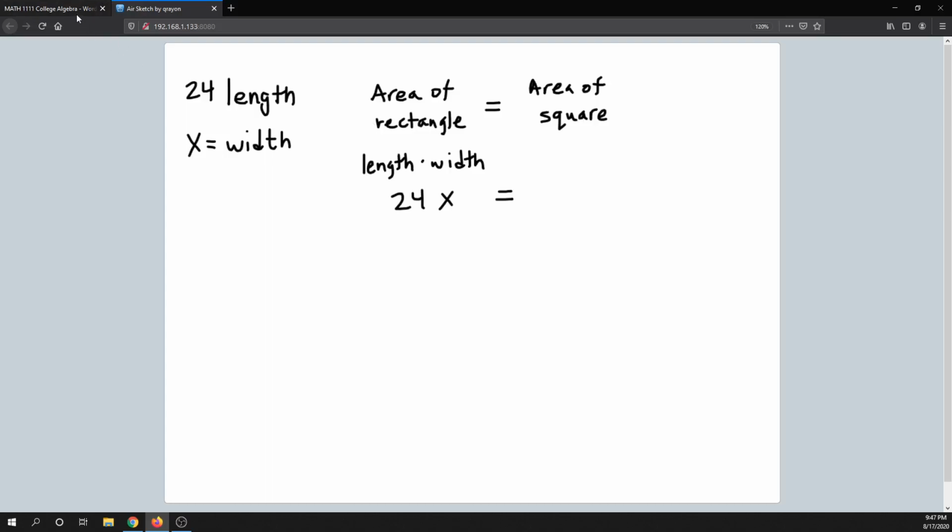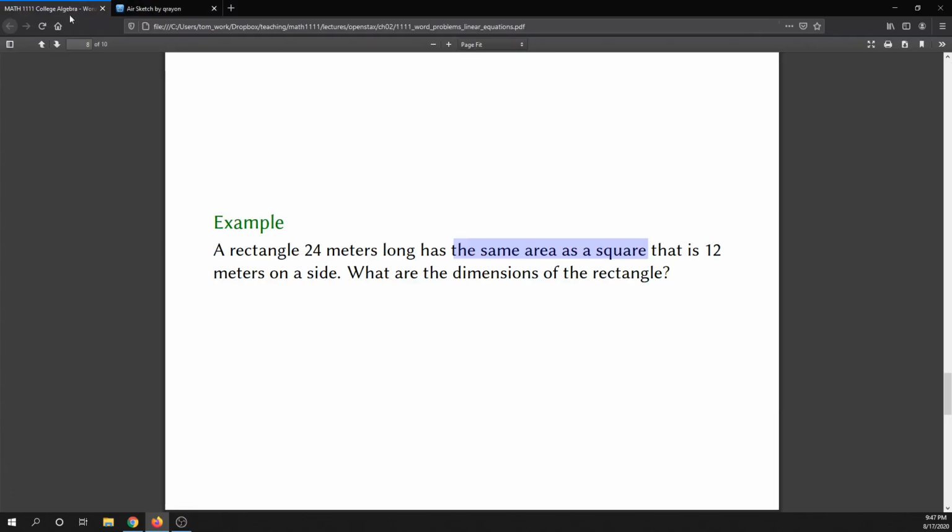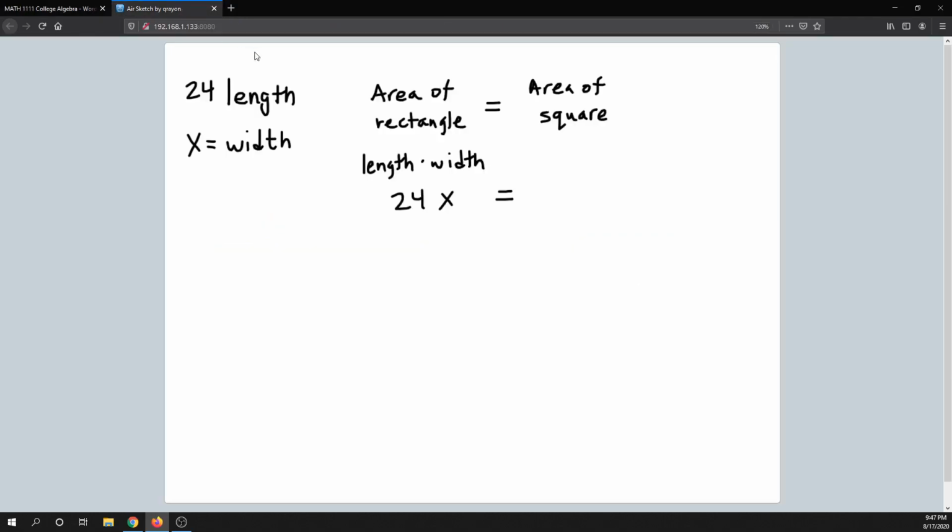So go back over here. It says has the same area as a square that is 12 meters on a side. So the area of a square is the side length squared, and they tell us that this square has a side length of 12.